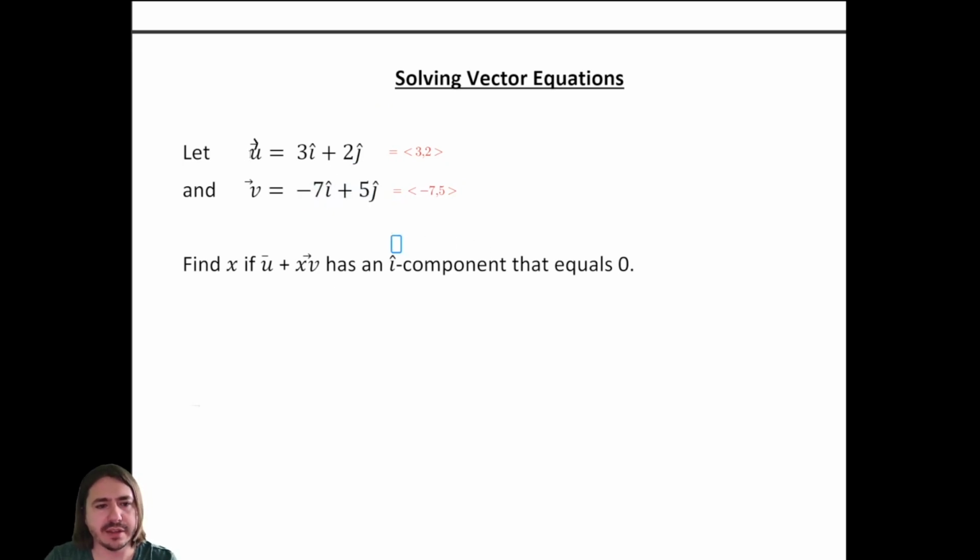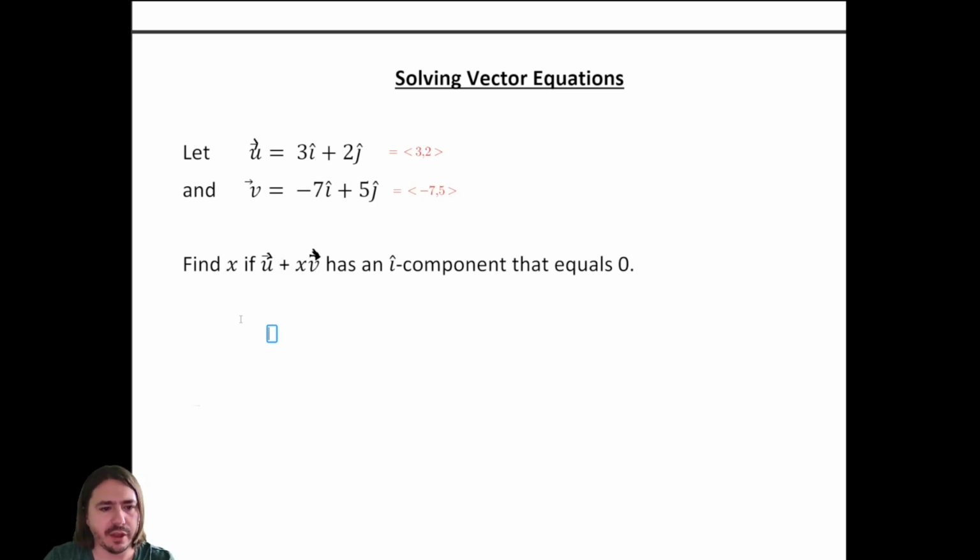Anyway, it says let u equal this one and v equal this one, and find x if vector u plus x times vector v, this should be vector v, not on top of the x, has an i component that equals 0.